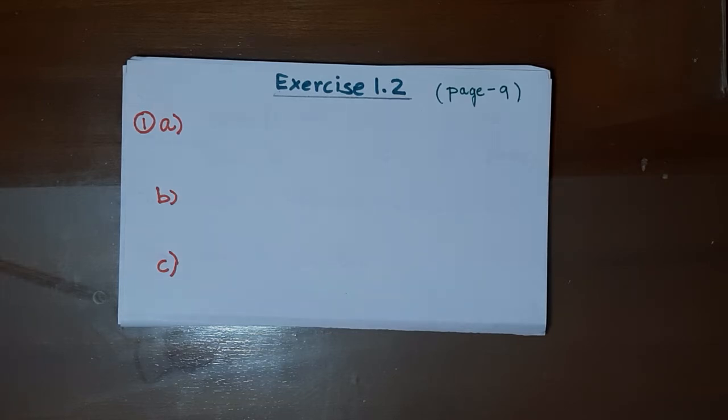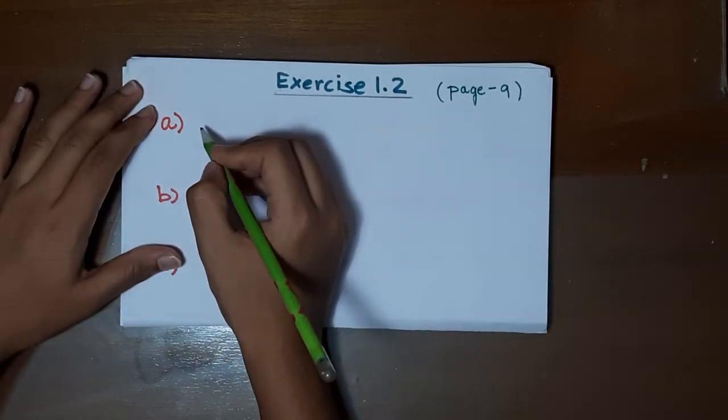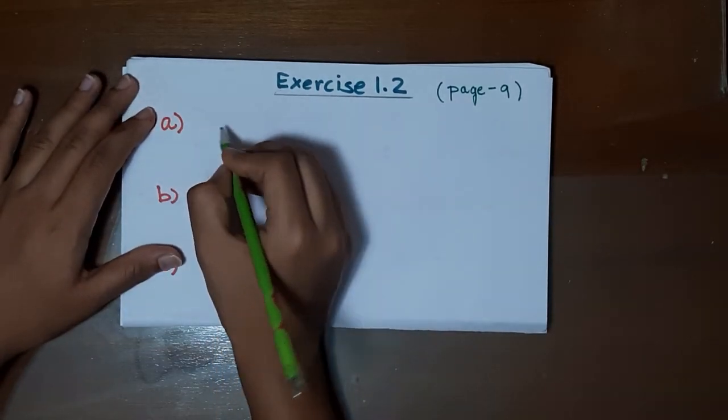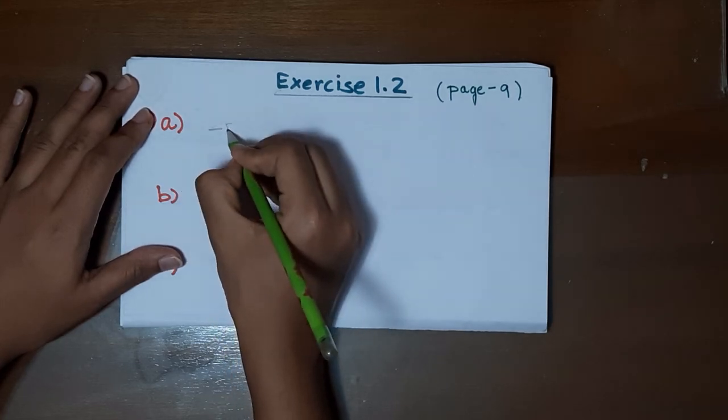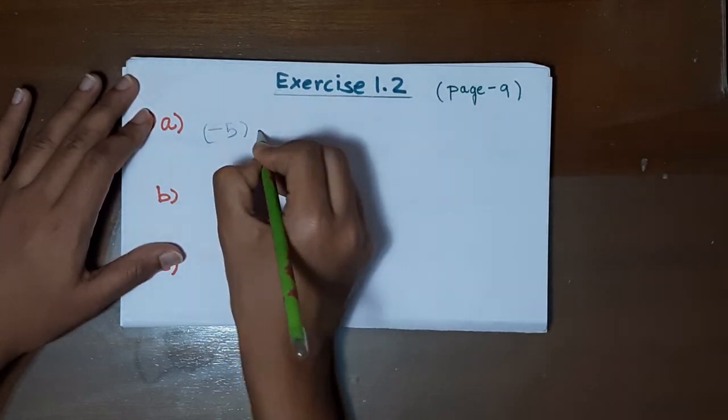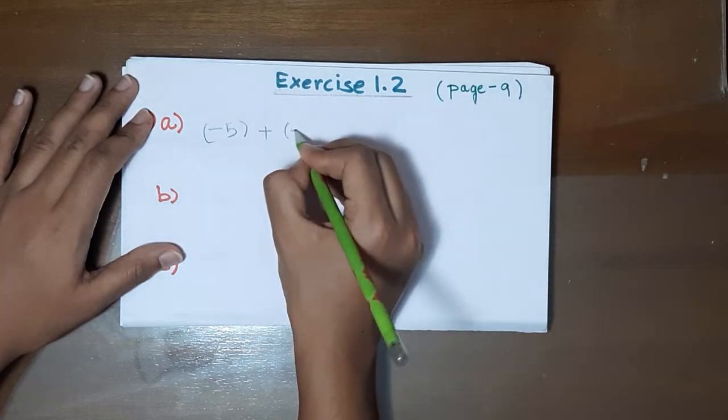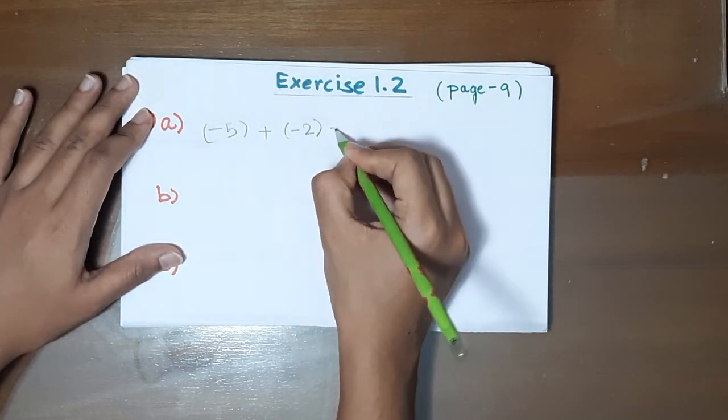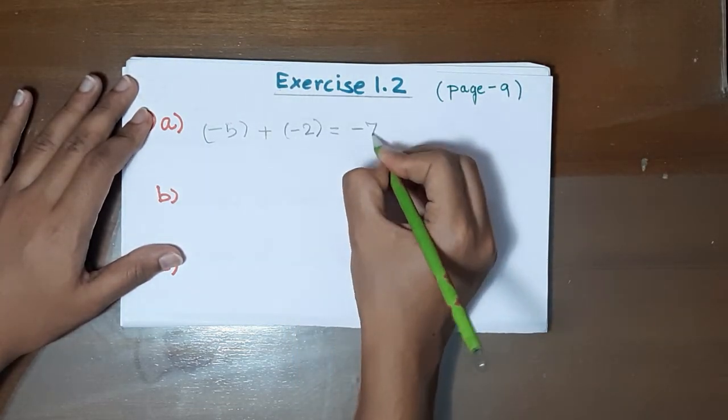ಏನು ಹೇಳುತ್ತೆ? Write down a pair of integers whose sum is minus 7. The sum of the 2 integers must be minus 7. So you can say minus 5 plus minus 2 equals minus 7.